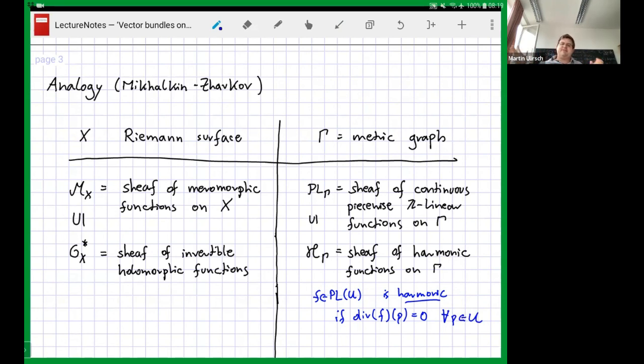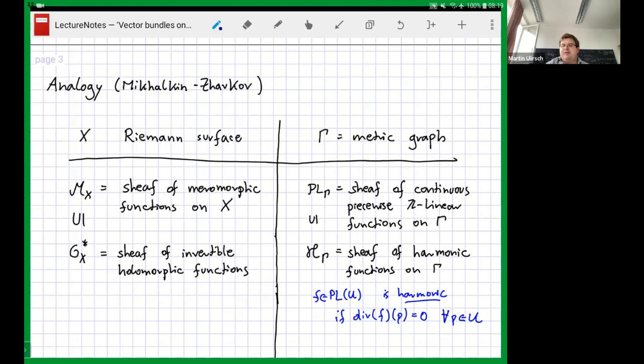This just means that if the one to the right is positive, then the one to the left has to be negative, and they have to have the same absolute value. So on an edge, this type of harmonic function is linear. And if you are looking at vertices of valence higher than 2, then you get something a bit more interesting, but you still have this linear condition that the sums of the slopes have to be equal to 0.